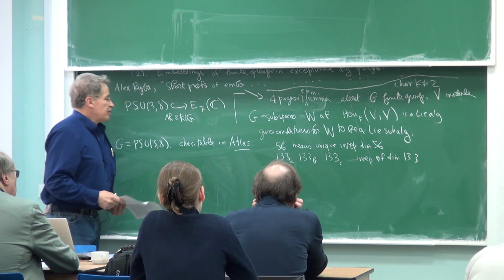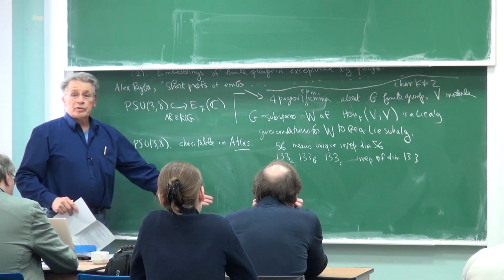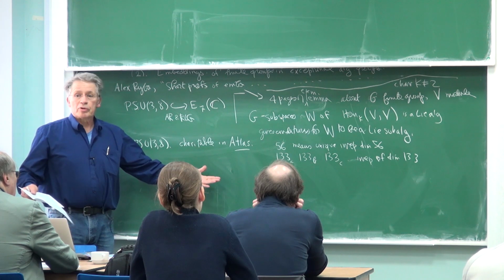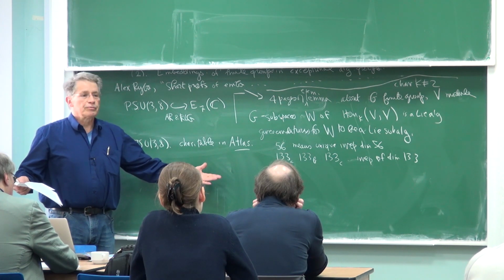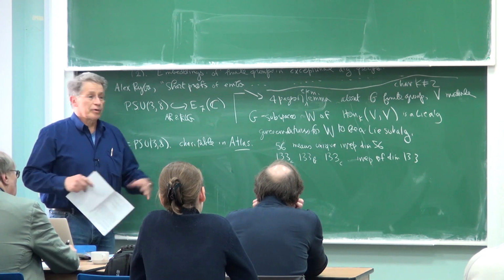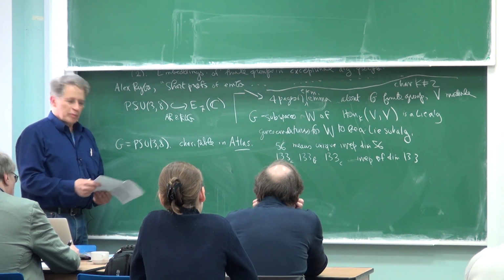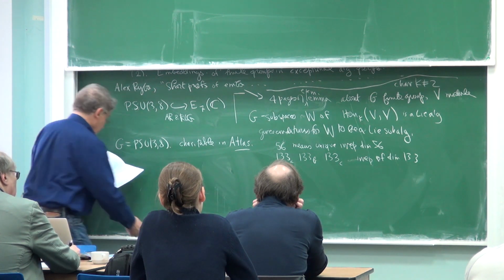Okay, but now the point is that I'm going to write down a bunch of statements. All you have to do is compute inner products, the orthogonality relations for finite groups, to get the following statements, which probably you couldn't do in your sleep, but maybe you can.